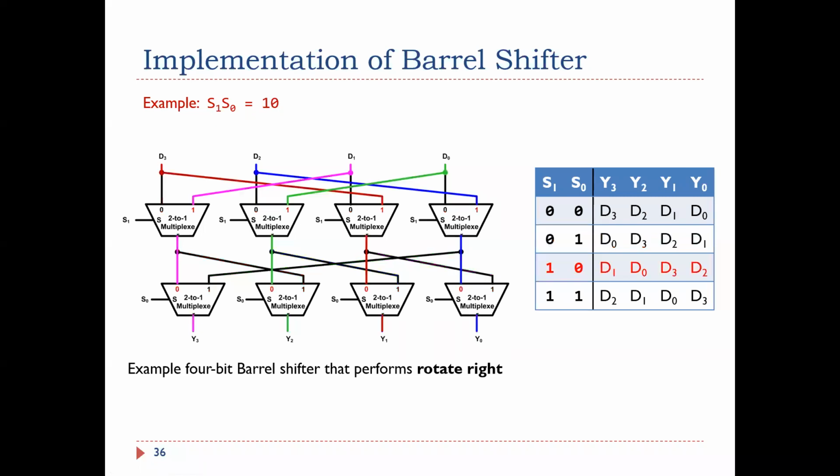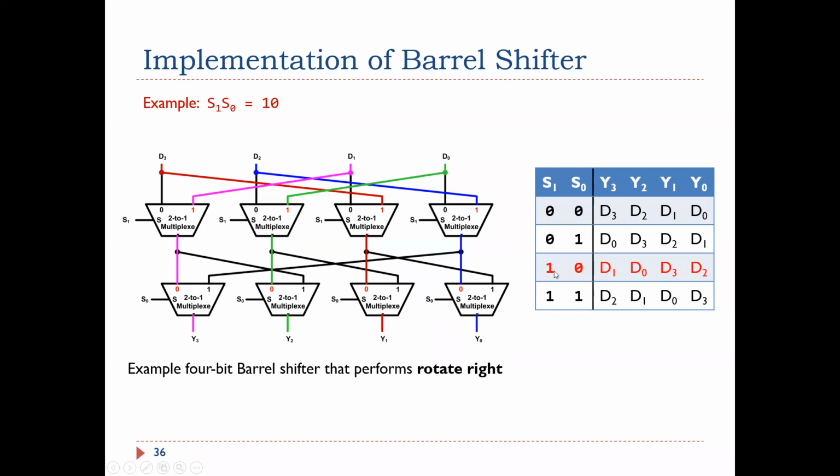Okay, so let's take a look at the 1, 0. Meaning we are doing 2 times of shifting. If you do 2 times of right shifting, then in here we need to make sure that we get D0.